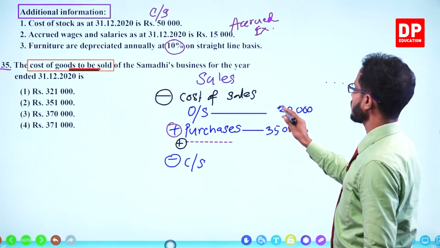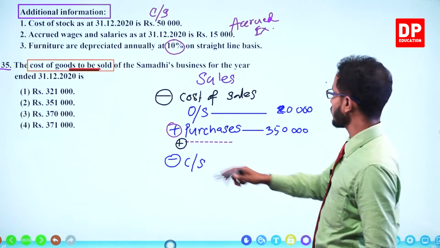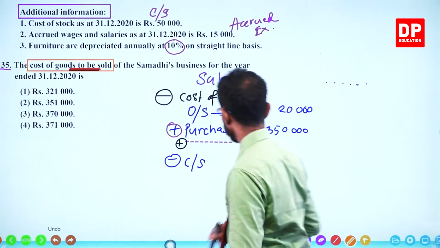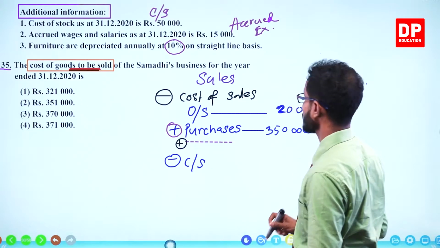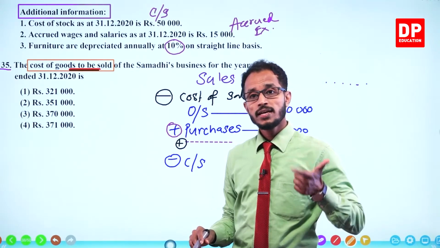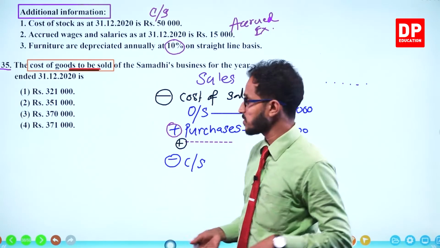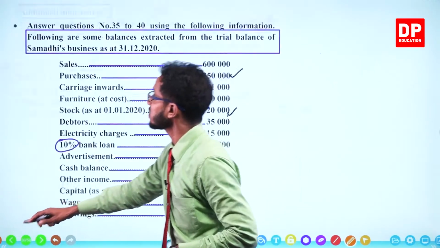But now you have to check whether these items are there, that's why I kept a blank for that. What items? Carriage inwards, loading expenses, unloading expenses, and import duty. Purchase related expenses.